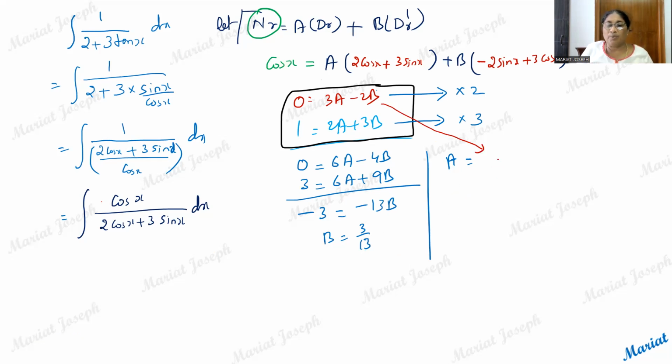So 2 into 3 upon 13 upon 3. That's going to be 2 by 13. Is a 2 by 13 coming? 3a is equal to 2b. This is correct.